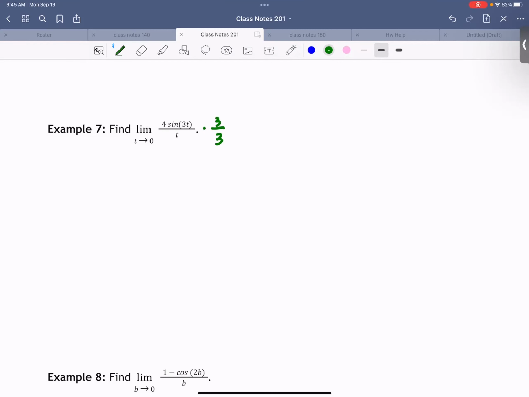So this would turn into the limit as t goes to 0. Looks like I have a 12 on top, sine of 3t, and I've got a 3t on the bottom. What can I do now? Yeah, you can take the 12 out. Now sine of 3t over 3t looks like something that we know how to do. If I take out the 12, then it looks exactly like the formula.